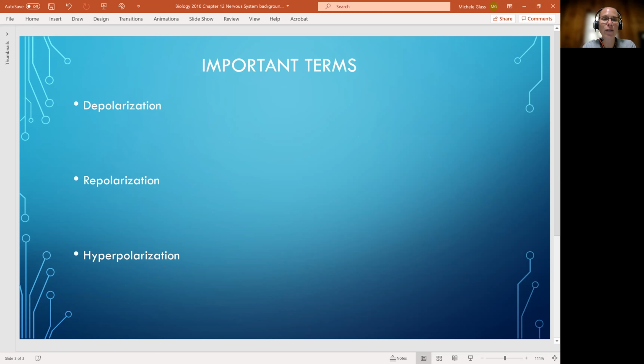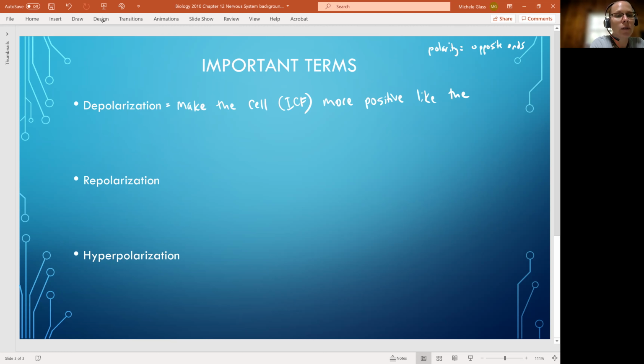Last thing to look at together, we have a couple of important terms. So we've got to make sure that we're keeping up with the differences here between depolarization, repolarization, and hyperpolarization. Just over here to the edge, when we think about polarity, remember we have opposite ends. And here we're looking at across the membrane. So in the case of depolarization, the D prefix means to remove. So in depolarization, you're making the cell, and here if you wanted to say ICF, more positive, like the ECF.